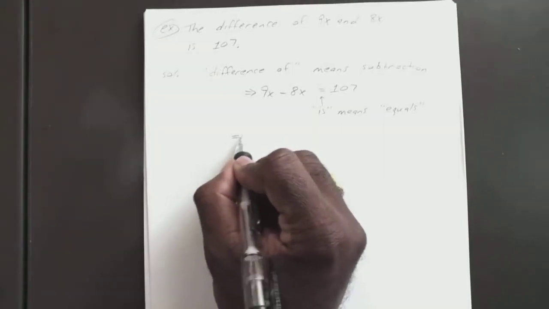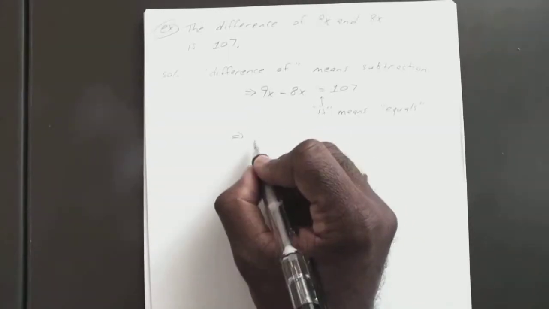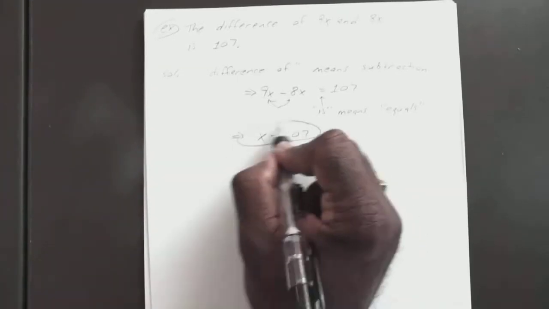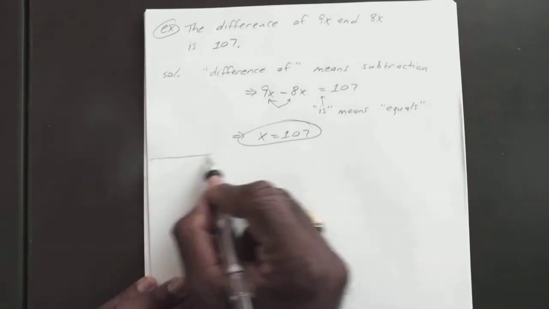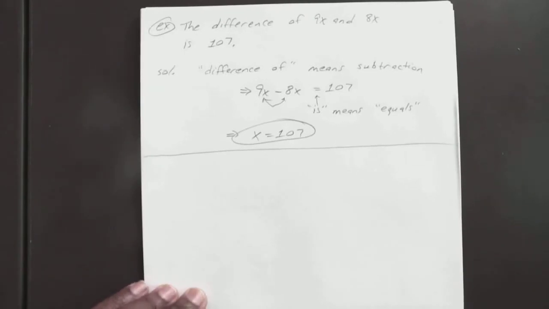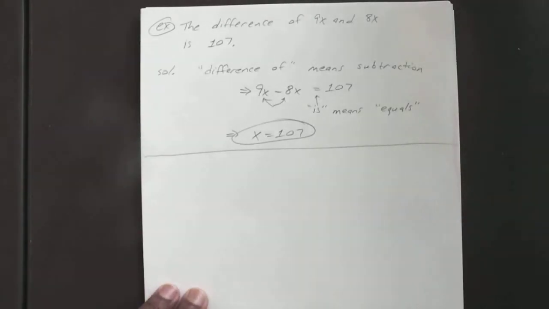So 9x minus 8x equals 107. If we combine those two, you just get x equals 107, since 9x minus 8x is just 1x. Any questions on that one? Those are kind of straightforward. Sometimes you have to mess around with them a little bit.